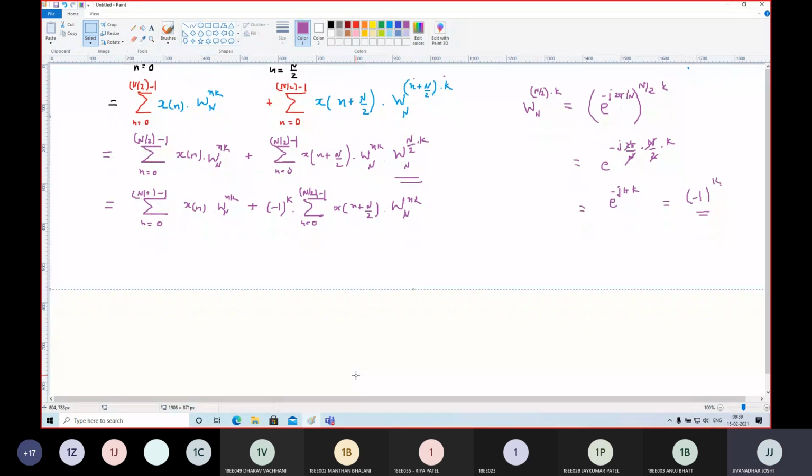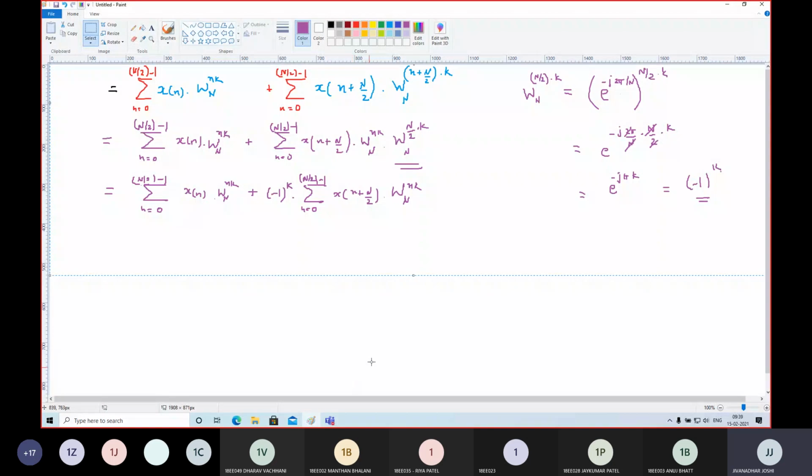Fine. Now just think about how we should take it forward. I want to decimate x of k, right? Meaning I want to write down the equation for x of k even and x of k odd. Now a wonderful thing here is we do have the same twiddle factor in both of the terms.